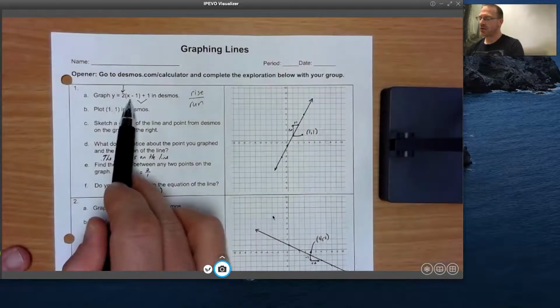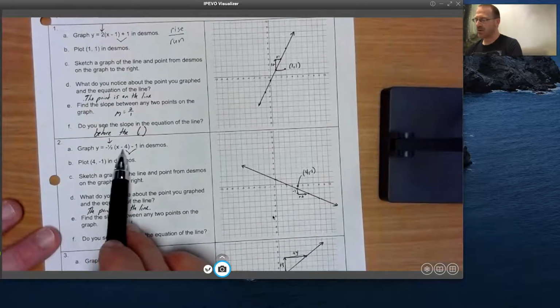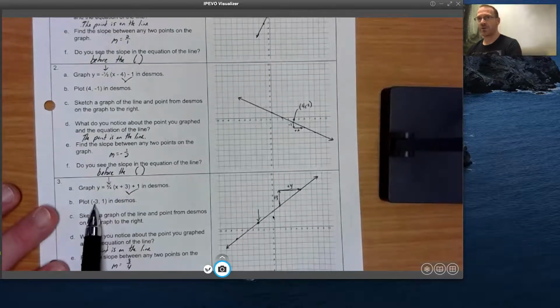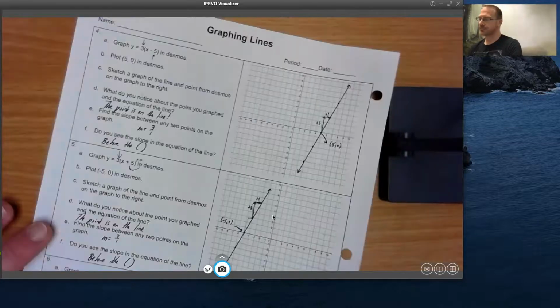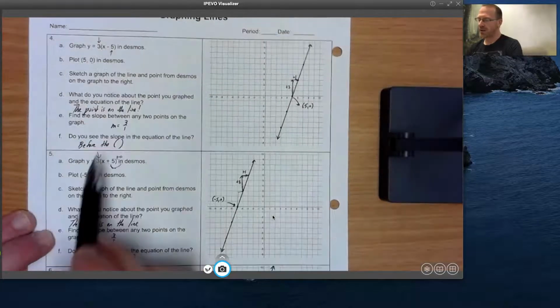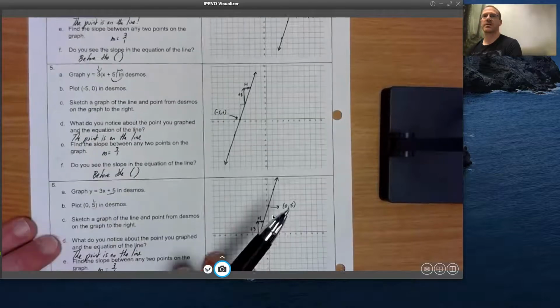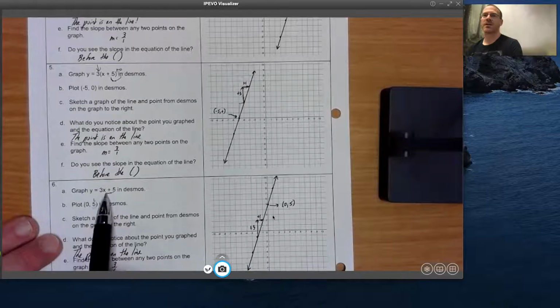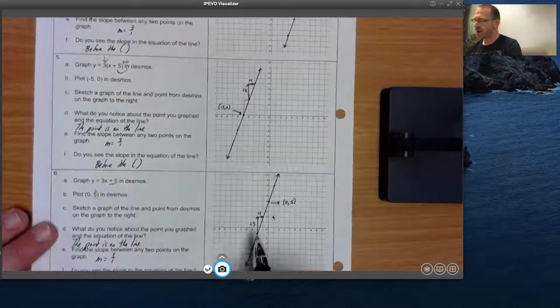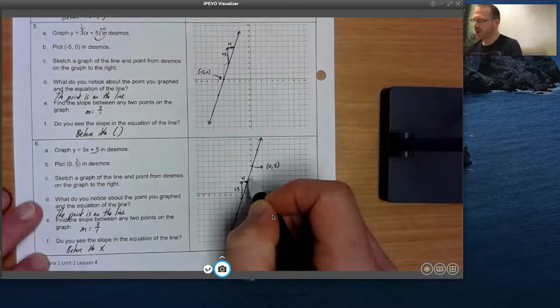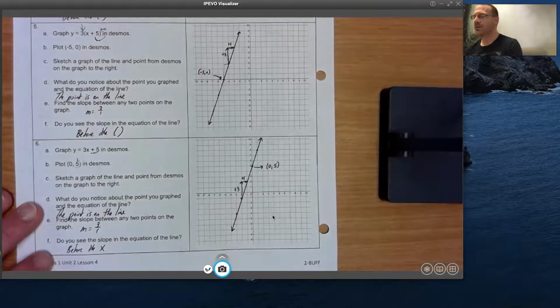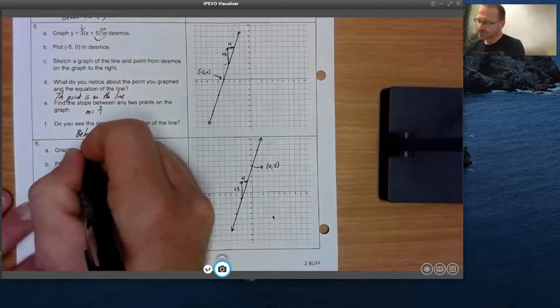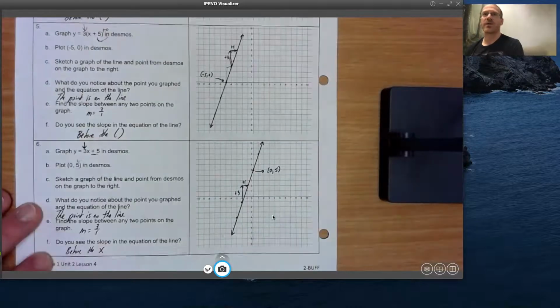We have an x value, we have parentheses, in each of the earlier ones. Notice here, x is 0, there's no parentheses. It really is a 0 there, but we don't have to write x minus 0 because x minus 0 is still x. And then once again, you can see that we have the slope of 3/1. There's that 3/1.